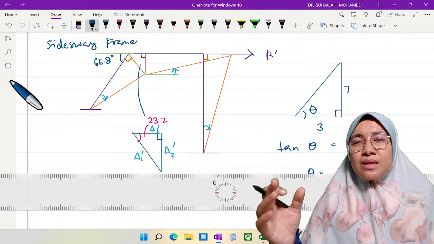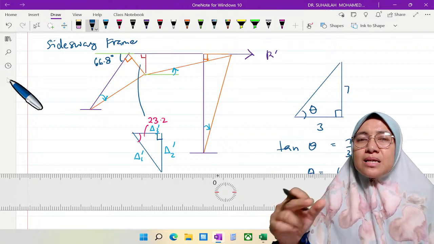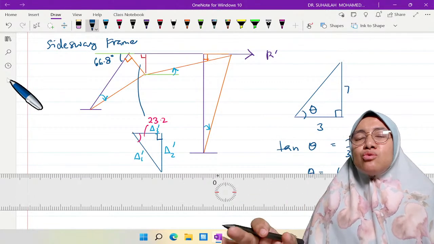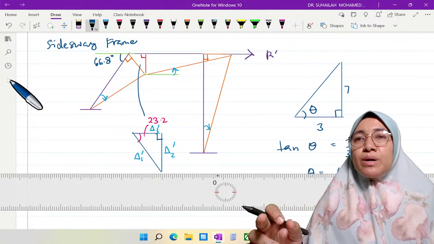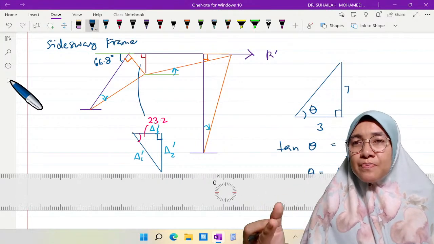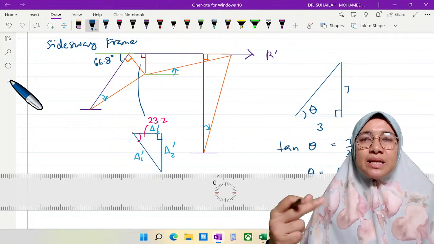Due to R there will be delta. The delta is the real delta, so we cannot assume the fixed end moment due to delta, because delta is unknown and we cannot assume it.